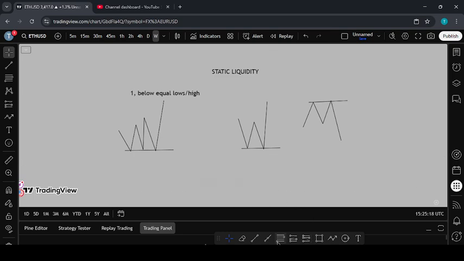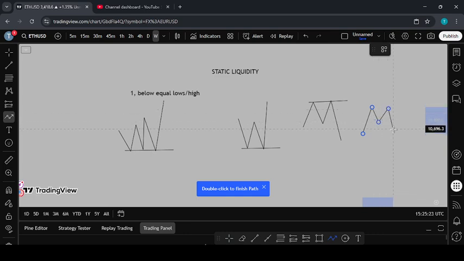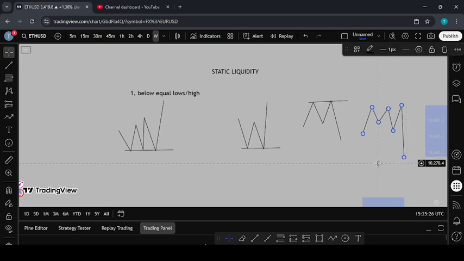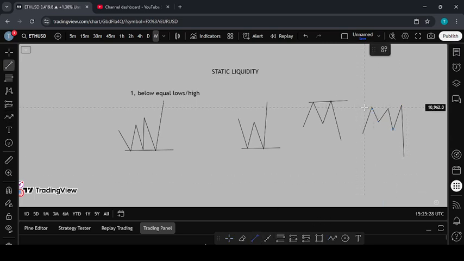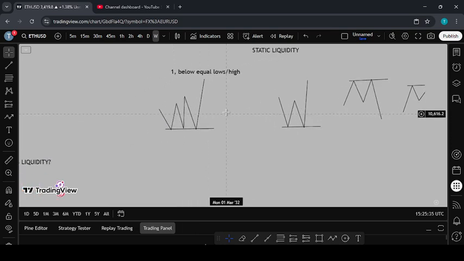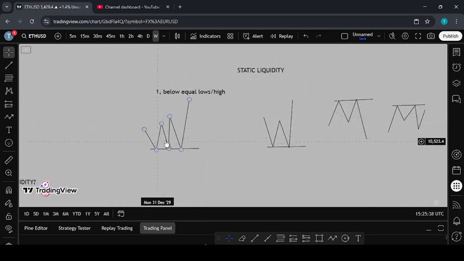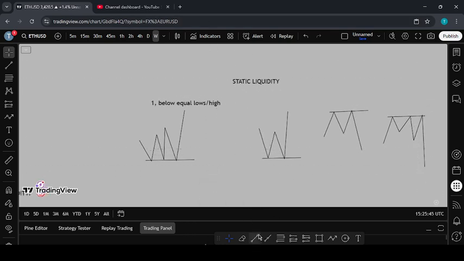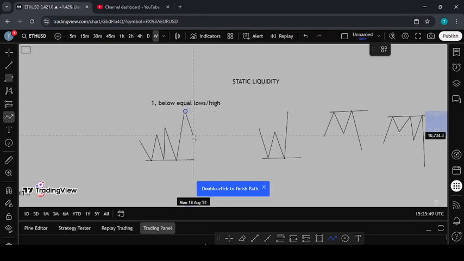That's the triple bottom, and for the triple top, you see something like this. There is always static liquidity resting at these zones. When the market has created this triple bottom, as a chart pattern it's a bullish reversal pattern, of course. But after it has done its move all the way to the top, the market will still come and sweep it as liquidity before a continuation to the upside.